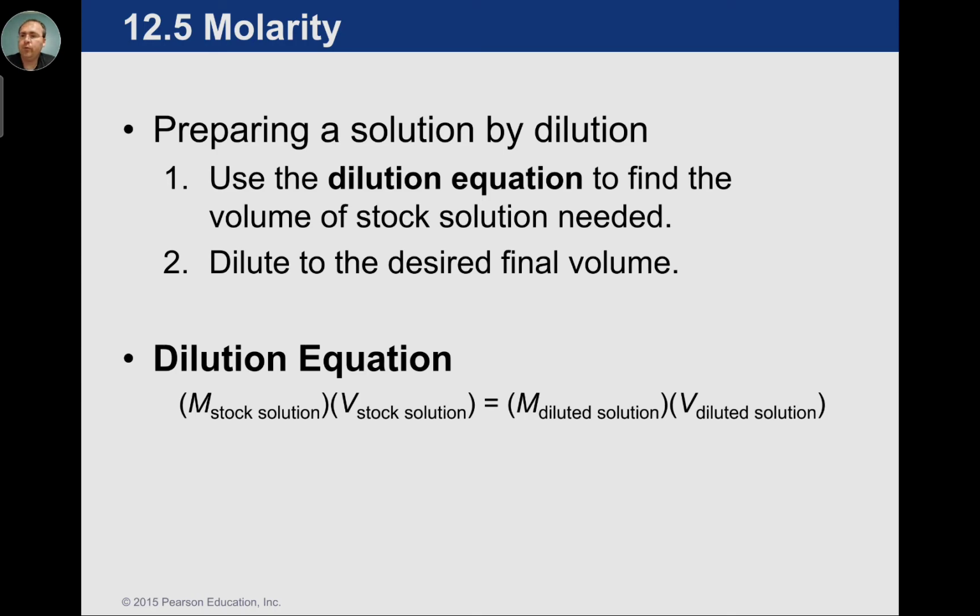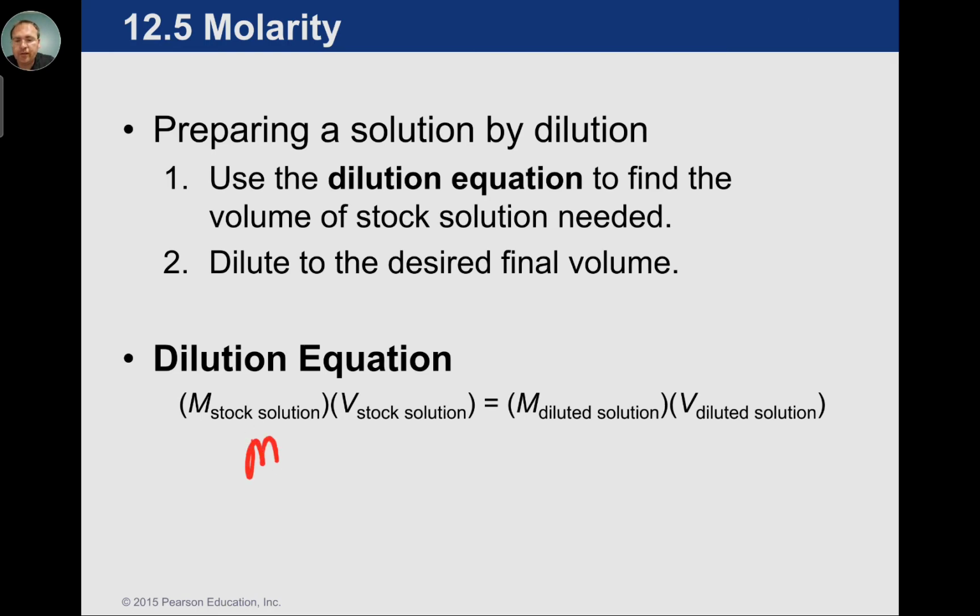A little bit faster way of doing the exact same thing is using dilution. Dilution, though, assumes that you already have a solution that's too strong, and you're just going to make it weaker. It's no different than a child making sweet tea or Kool-Aid and it's being way too sweet. The parent isn't going to dump it out, they're just going to add more water, they're going to dilute it. This formula tells us exactly how to calculate that end result.